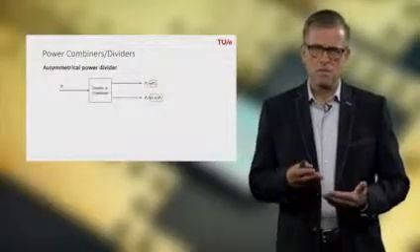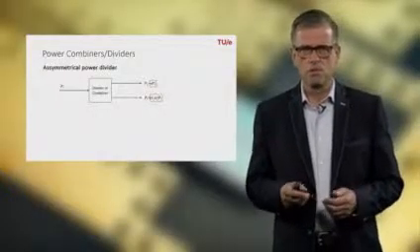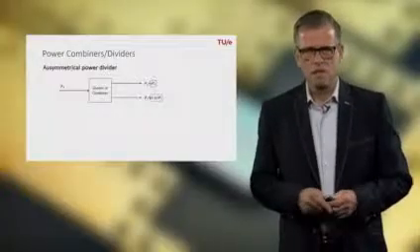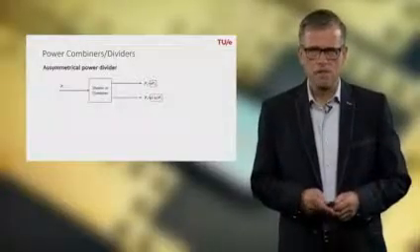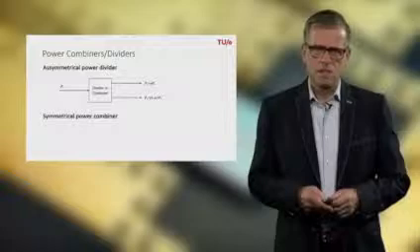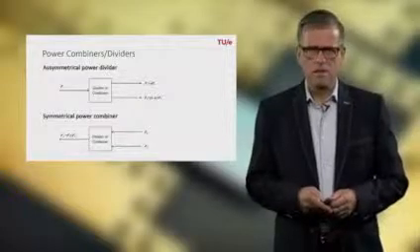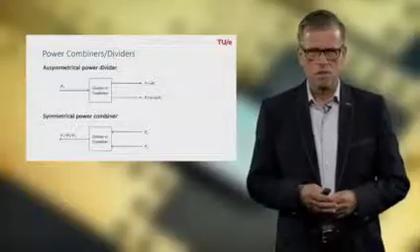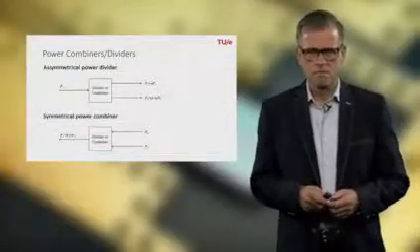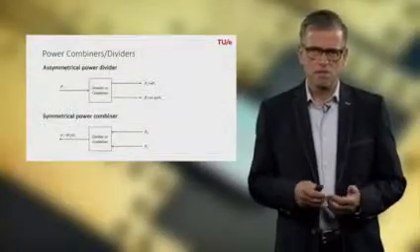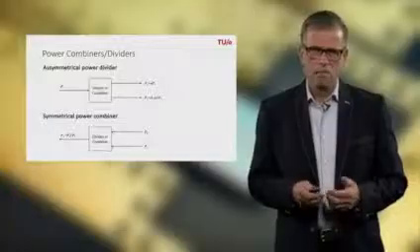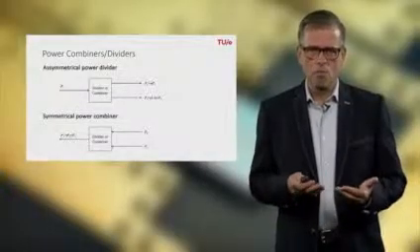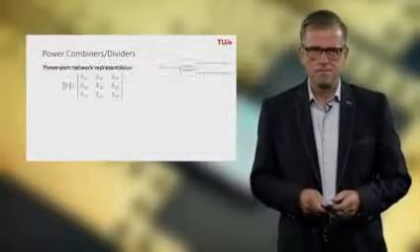So alpha times the input power will flow to port 2, and 1 minus alpha times the input power will flow to port 3. In case of a symmetrical power combiner, the input power is split equally between the output ports, or in case of a combiner, both input powers are coherently combined into the output port.